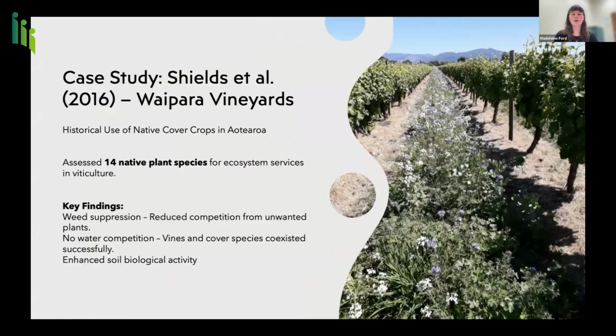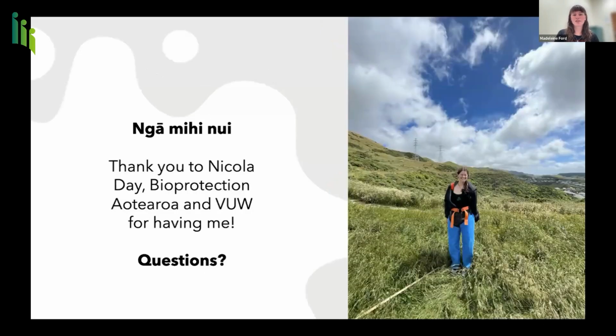They did have some positive findings: the native cover crops suppressed weeds, they didn't outcompete the grapevines for water, and they enhanced the soil biological activity. However, they didn't look at whether it specifically built soil carbon, and this was in a viticulture setting, so things could be quite different within an agricultural setting. So that was the broad gist of my project.